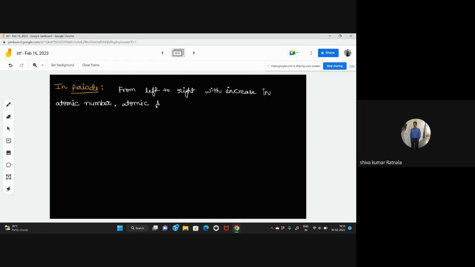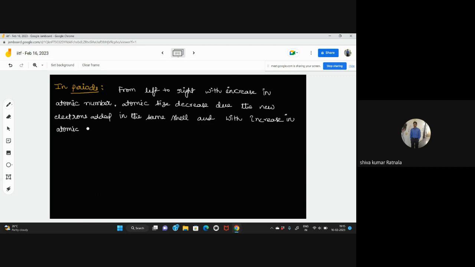Atomic size decreases due to the new electrons being added into the same shell, and with increase in atomic number the number of protons also increases.